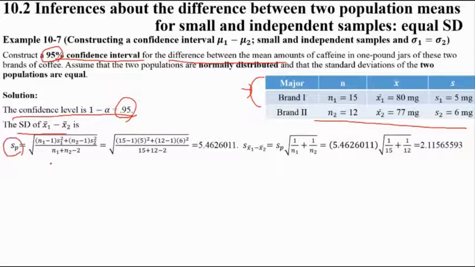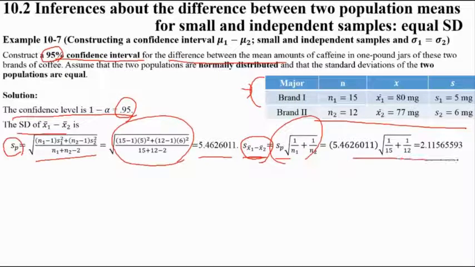Sp is the square root of first sample size minus 1 times S1 squared, plus second sample size minus 1 times S2 squared, divided by first sample size plus second sample size minus 2. We plug the numbers into this formula and get the pooled standard deviation Sp.